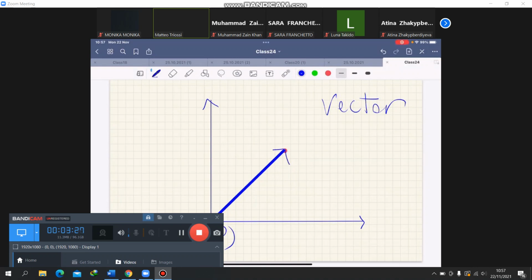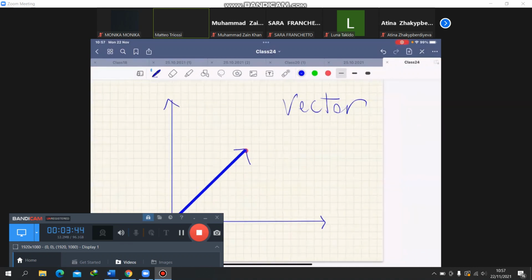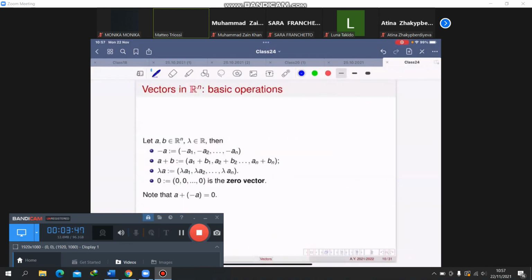Still, this notation is useful to graphically perform operations with vectors. What are the basic operations with vectors?